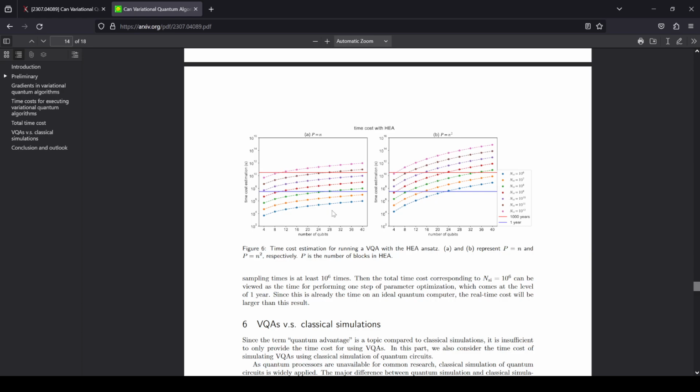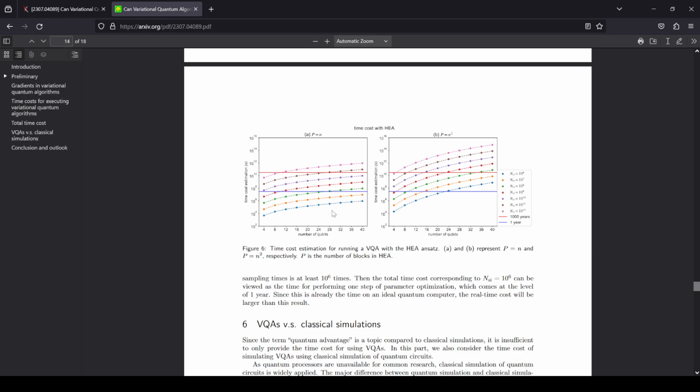Then we also have an expectation value that has many terms in it, potentially. For example, a VQE could have hundreds or thousands of terms. And then we also have to update it, which takes linearly scaling gradient parameters. All of this adds up to a lot of time.